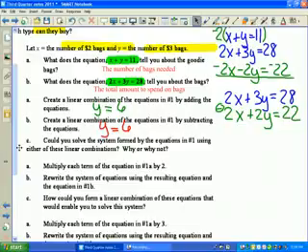So now part C asks, could you solve the system formed by the equations in problem number 1 using either of these linear combinations? Why not? I can, as long as my answer is positive, I can use either method.